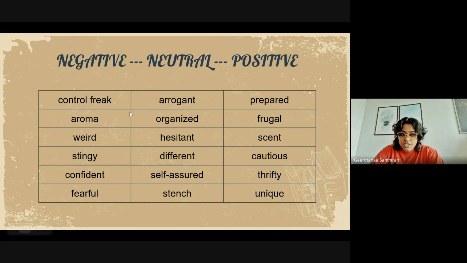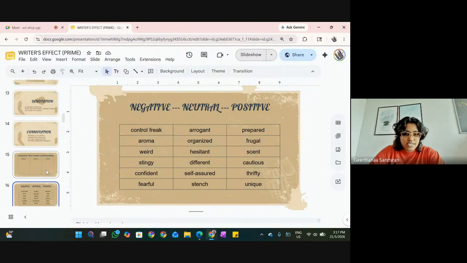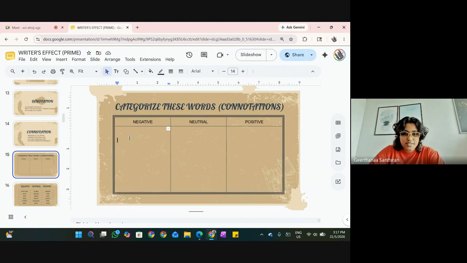Aroma is usually used positively. But what about this word, stench? Stench is also about smell, but we use it negatively. We use it for garbage bins, right? So this is what I mean by they come in threes and you can put them differently here. So we have stench, we have scent, and we have aroma.